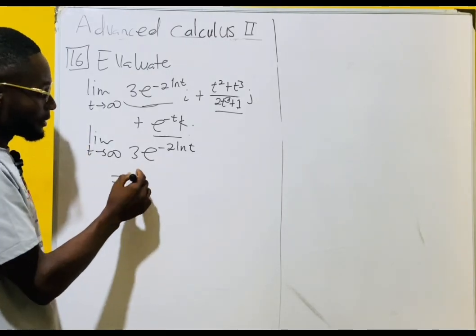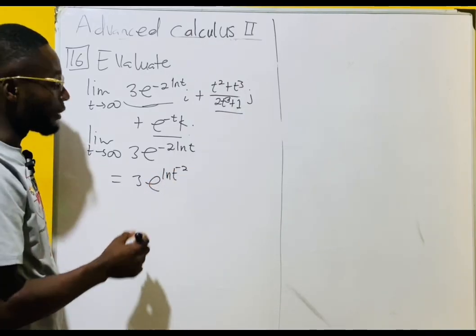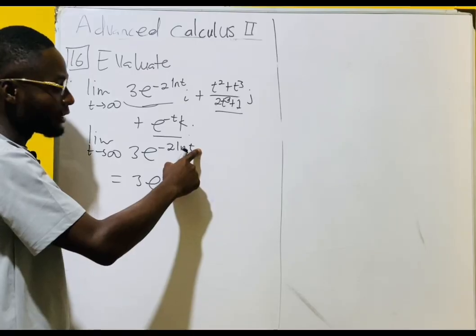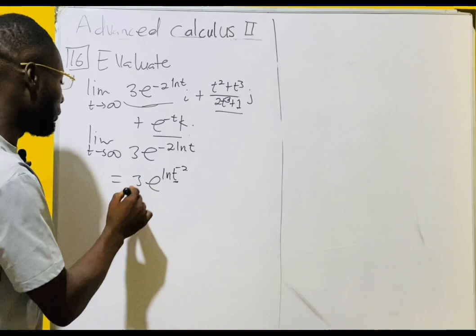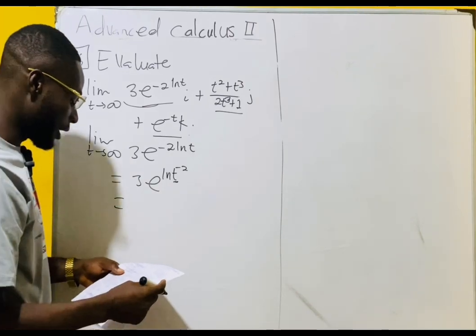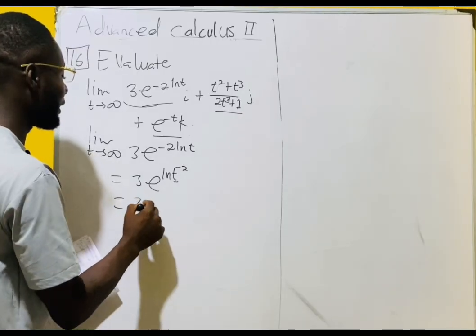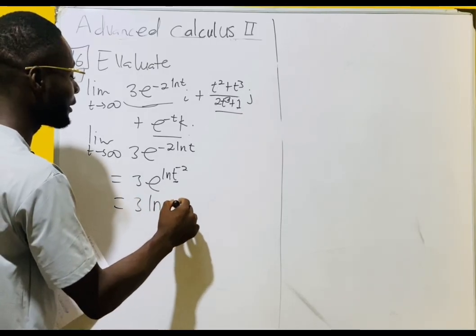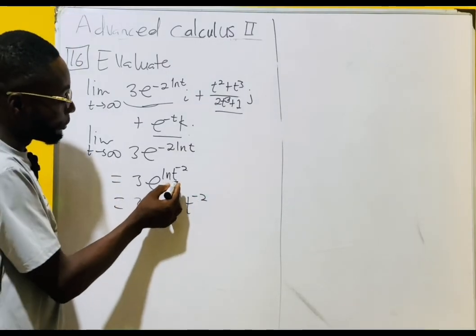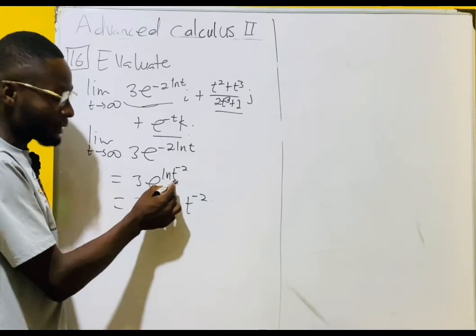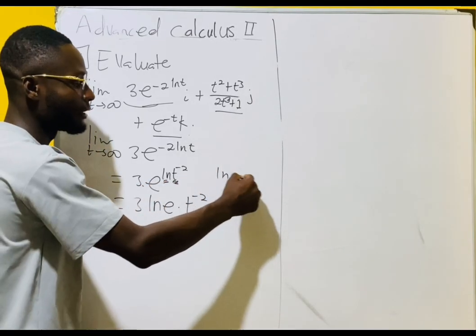So this is equal to 3e to the ln t to the negative 2. We raise this to the negative 2. So we're going to have 3 ln e times t to the negative 2, because we brought the exponent to the front, and then ln e is equal to 1.